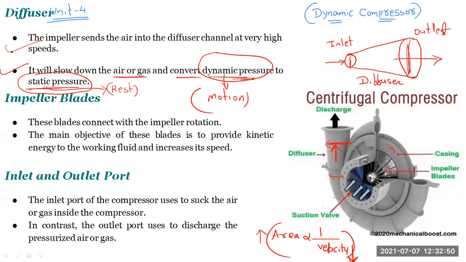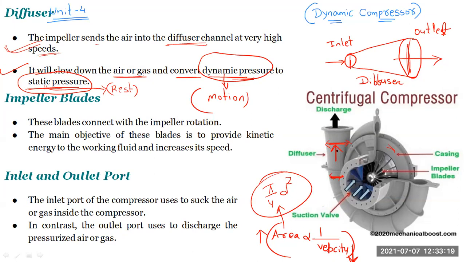Okay, so once again, I will revise this diffuser. The impeller sends the air to the diffuser channel at very high speed. Okay, so whenever the air will enter to this diffuser, at the entrance point, velocity will be very higher. If velocity is higher, area should be less. So that's why here the area is less. This diameter is less. How to calculate area? Pi by 4 d square. So here this diameter is less, so area is less.